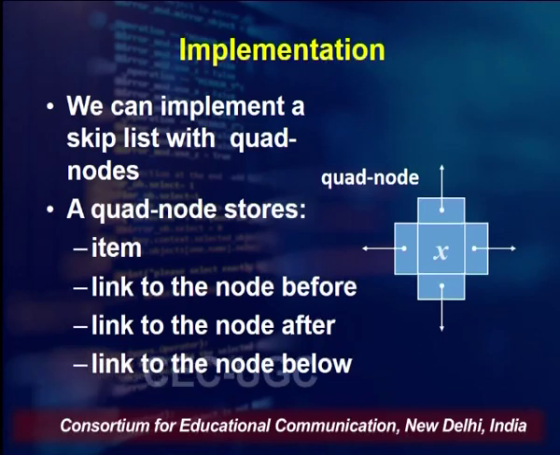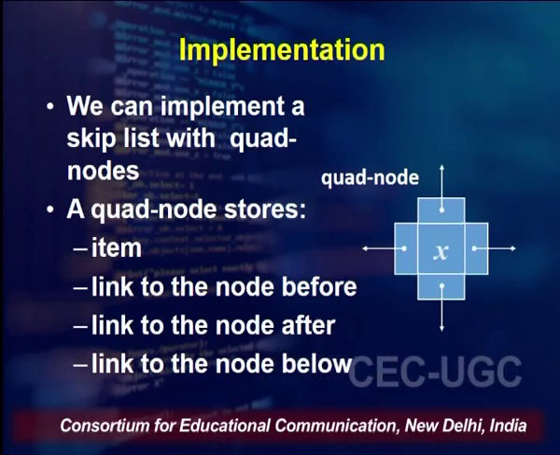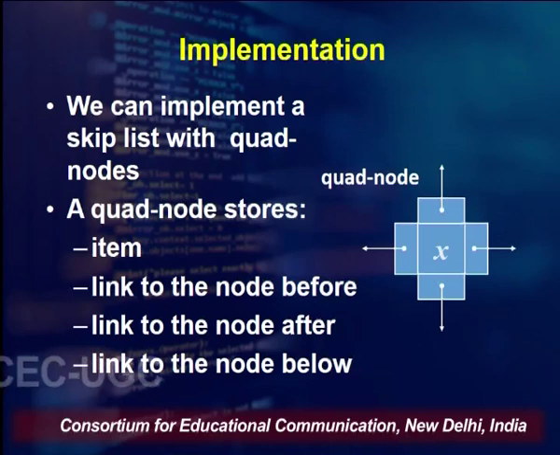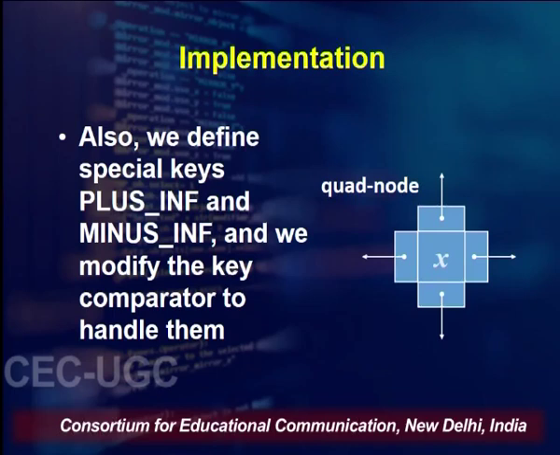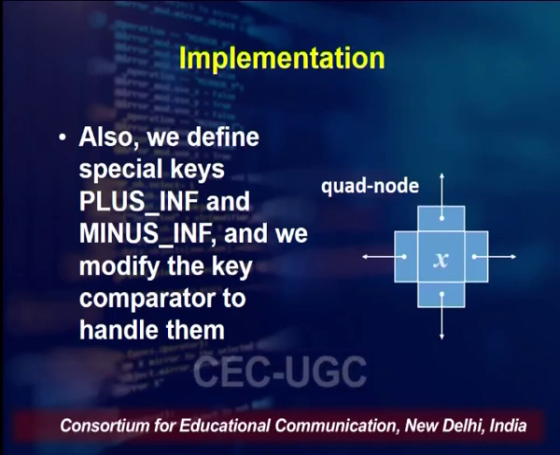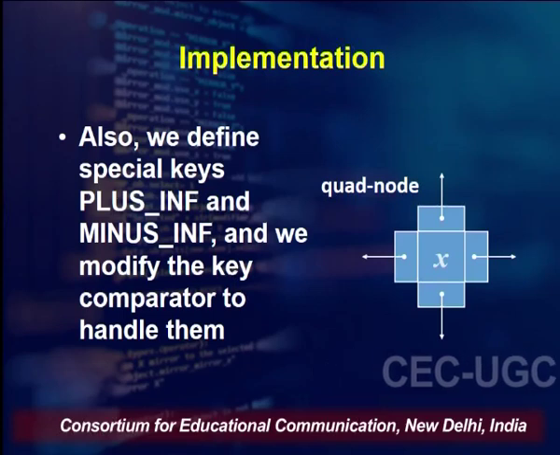The links to the node below and above are basically required to move around in towers. Now, why do we actually need to move around in towers? That we will see when we consider the first operation, that is the operation of searching. Also in implementation, we need to define the two special keys, as I have told you, which are the header and the sentinel node containing plus infinity and minus infinity.